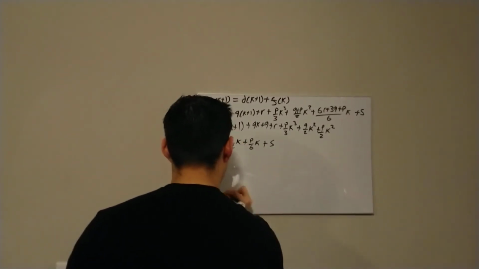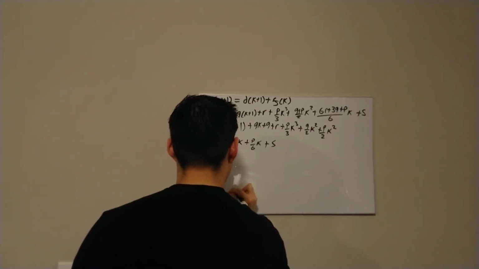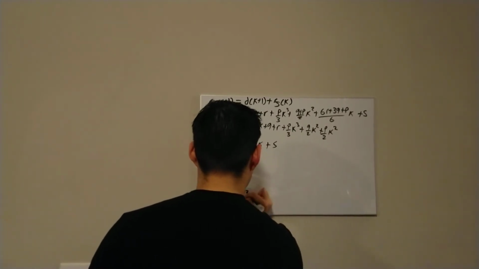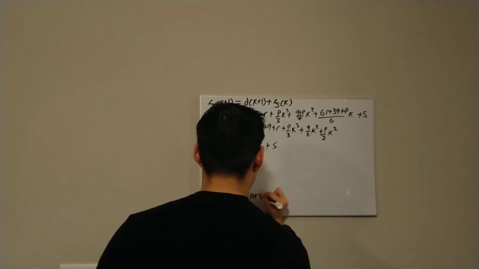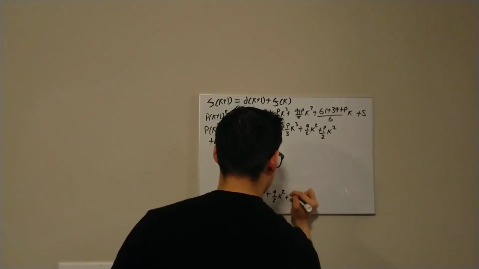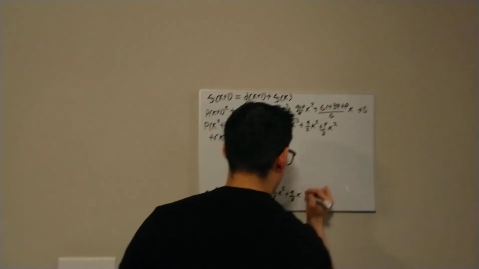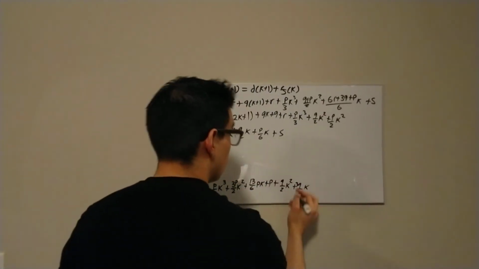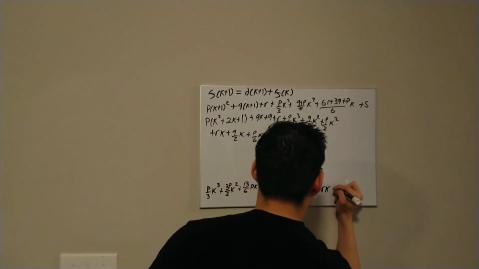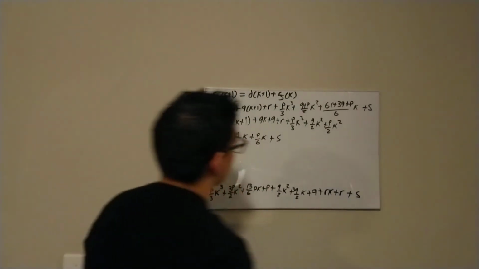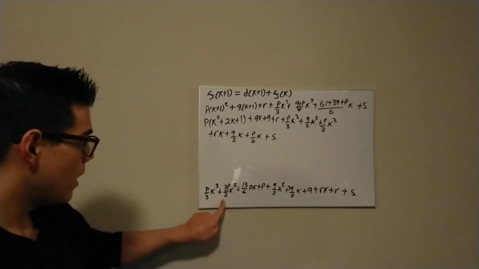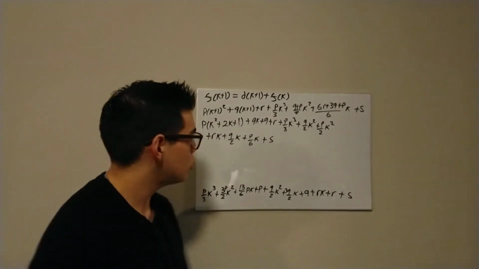And then we're going to have 3/2 pk squared plus 13/6 pk plus p plus q/2 k squared plus 3/2 qk, my apologies, plus q plus rk plus r plus s. So this is what that right hand side is equal to, and I'm going to leave this here so you don't need to make a mental screenshot.